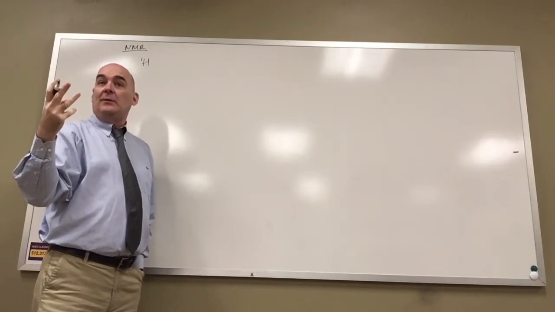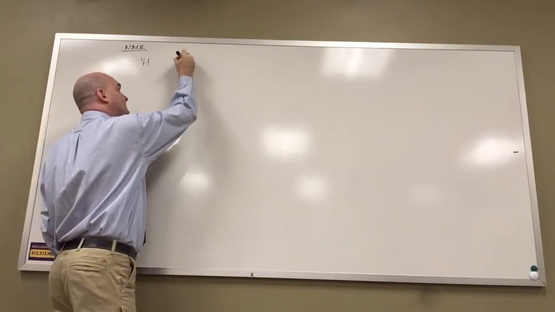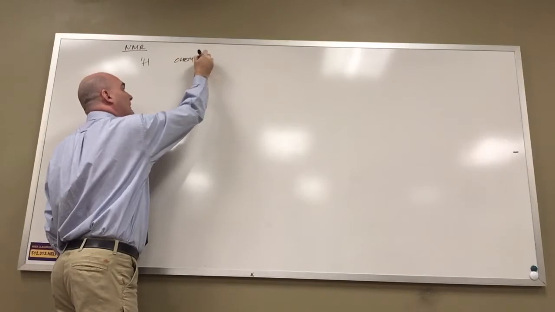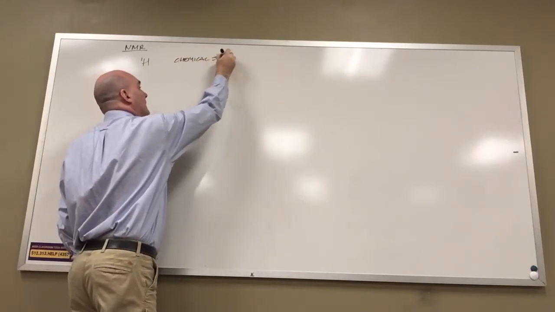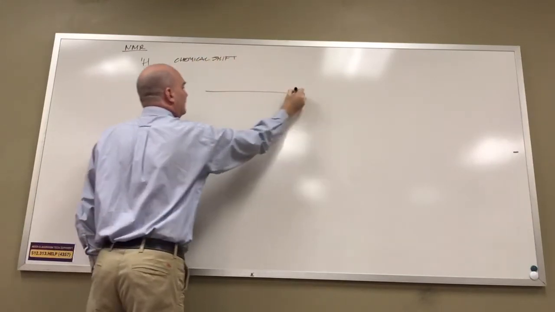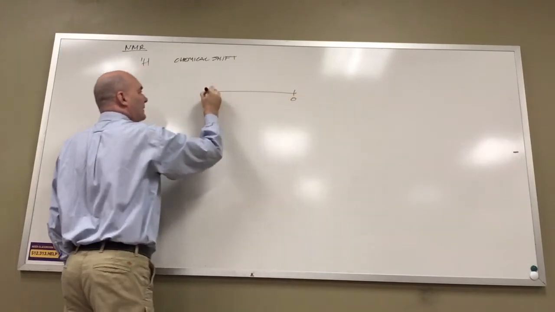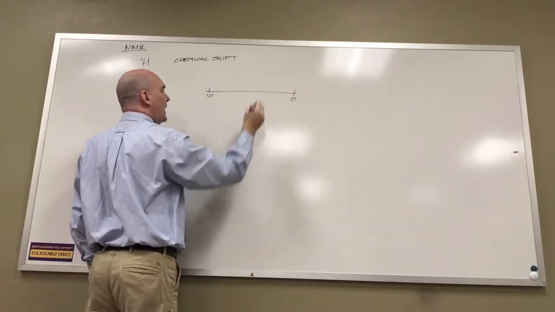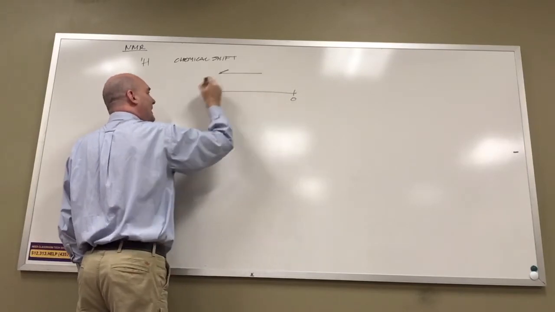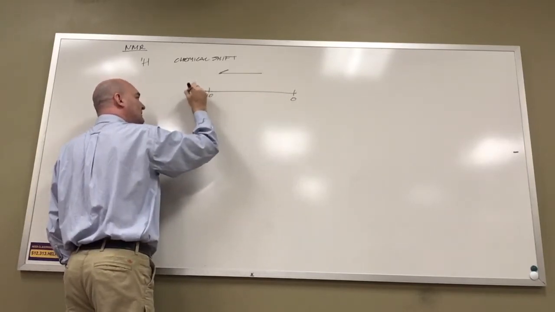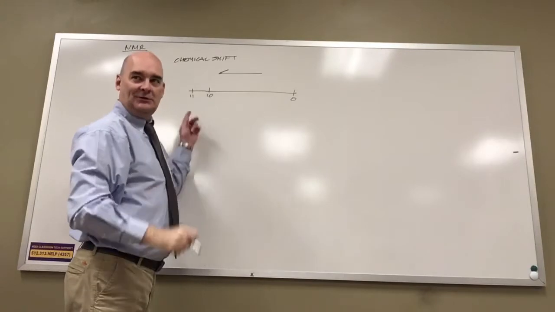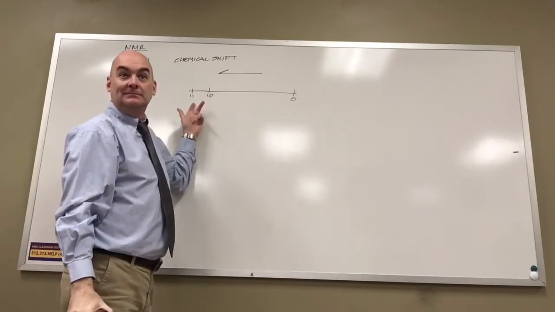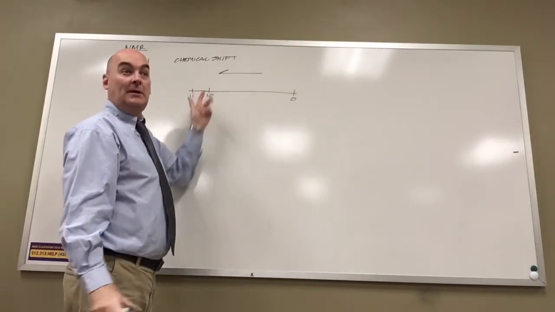Three pieces of information. Chemical shift. Chemical shift runs from 10 to 0, really reading this way. And occasionally it goes up to 11 because aldehydes live there.